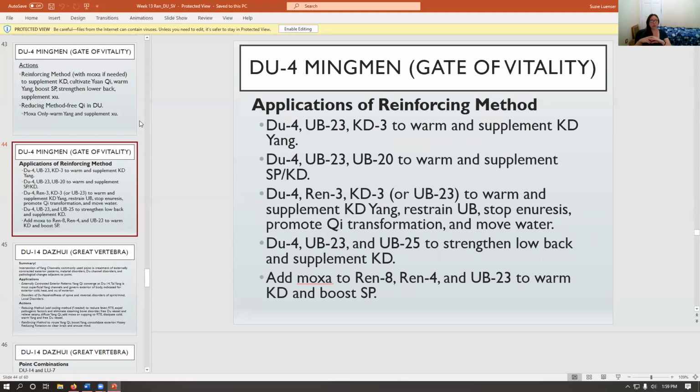With UB23 and UB25, that's going to help boost the kidney and also strengthen the low back, in the case of pain or weakness in the low back. And then the last one on this slide, we can add moxa with Ren8, Ren4, and UB23, again for kidney and spleen supplementation.